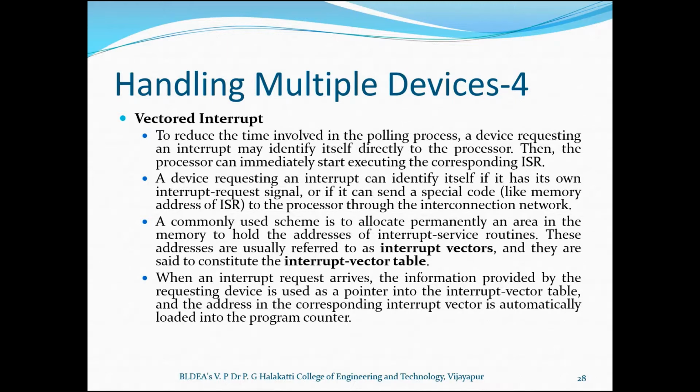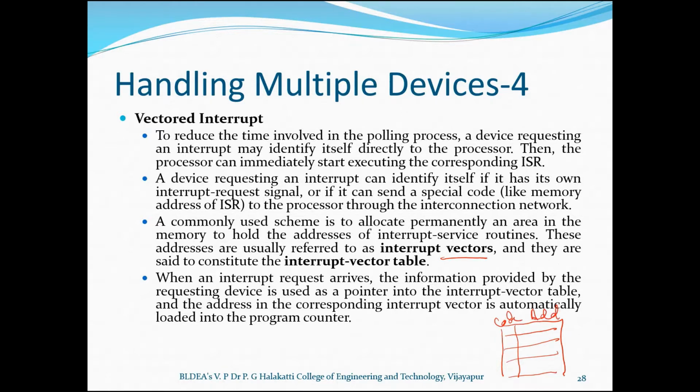A commonly used scheme is to permanently allocate an area in memory to hold the addresses of interrupt service routines. These addresses are usually referred to as interrupt vectors, and they are said to constitute the interrupt vector table. So there will be a table or memory allocated for this interrupt vector table, wherein there will be a code and an address.